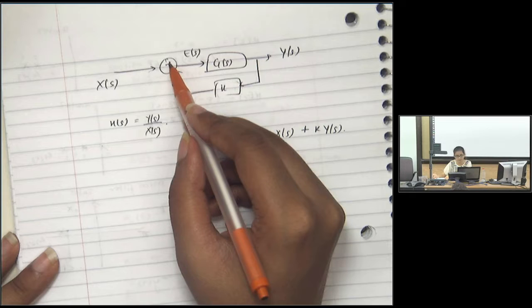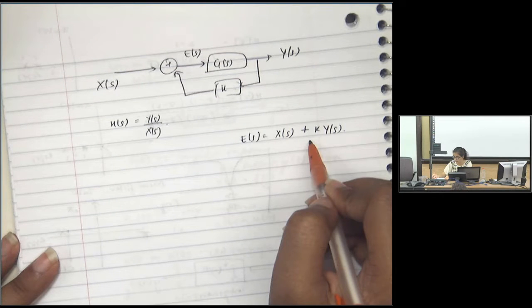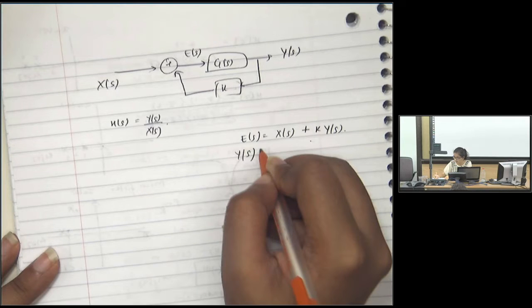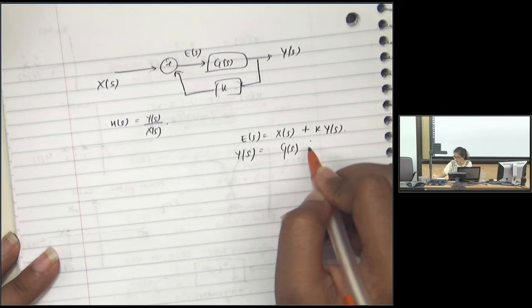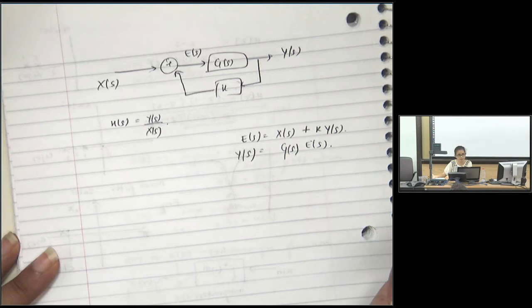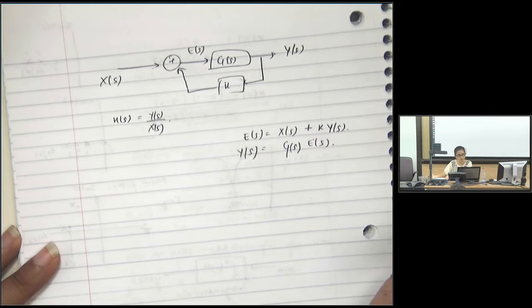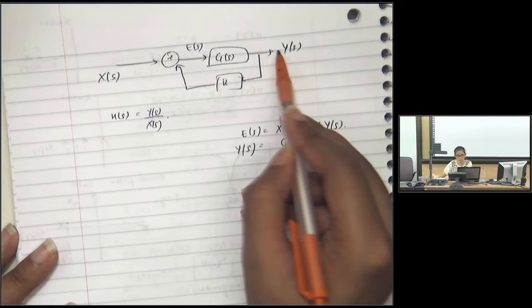That's where you get e of s equals x of s plus k times y of s. Now y of s is equal to g of s times e of s, correct? E of s is fed as an input and y of s is the output.